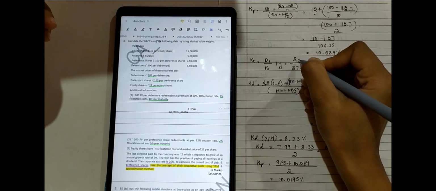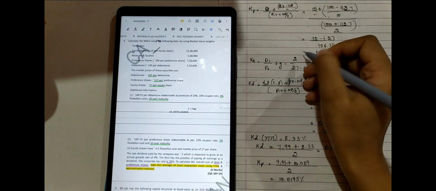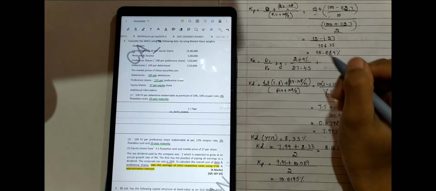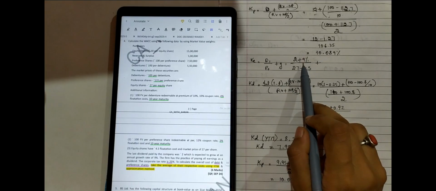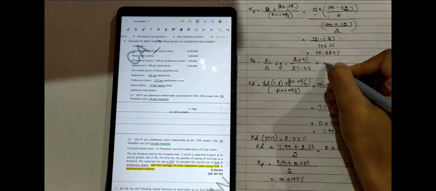So D0 is 2 plus growth. Annual growth rate is 9%. If they have given D1, then we are not going to add the growth. But if it is D0, so D0 plus growth. Next plus g. So again 9%.